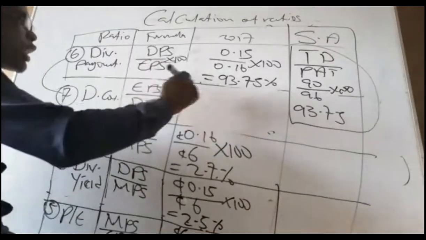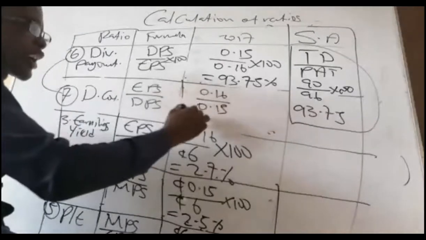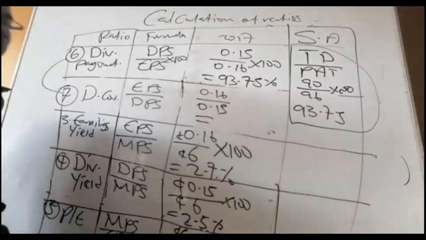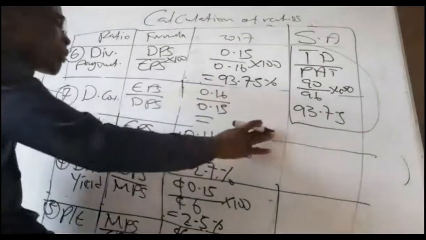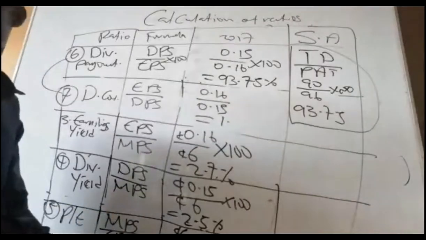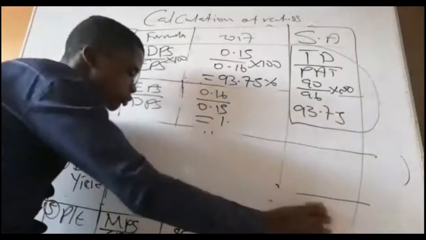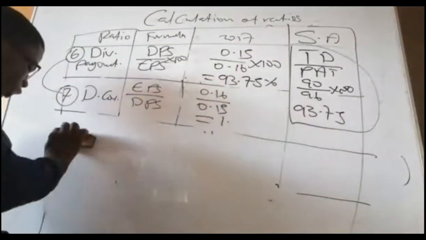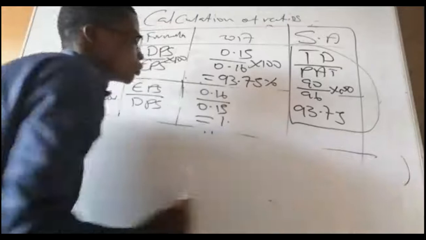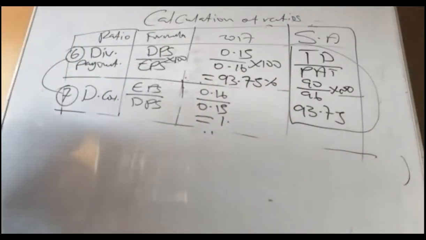What's the earnings per share? 0.16 over dividend per share, 0.15. The answer is in times. So 0.16 divided by 0.15, so 16 divided by 15.